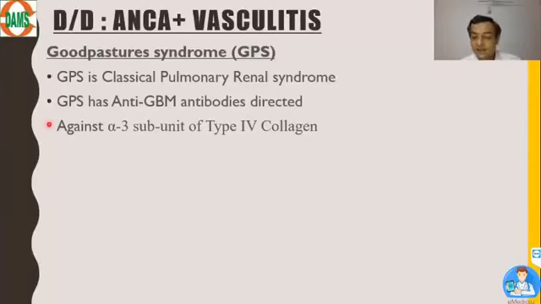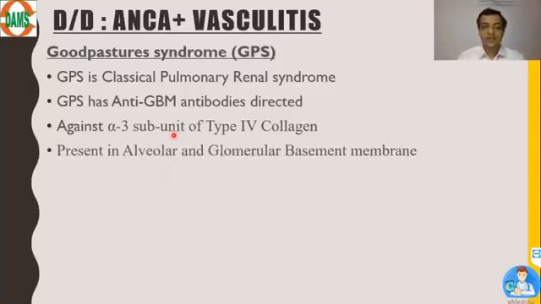Goodpasture is the classical pulmonary renal syndrome where there are antibodies against the alpha 3 subunit of type 4 collagen, which is present in the alveolar basement membrane and the glomerular basement membrane.